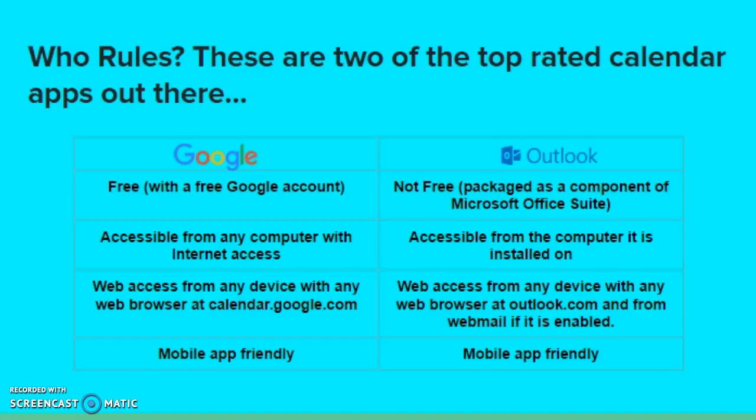Both of them are mobile app friendly. They can be accessed not only from your PC, in Google's case with internet access, but they are available on tablets and cell phones, and as many tablets and as many cell phones as you might have, you can access both.